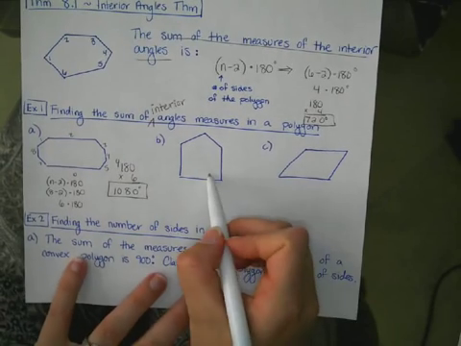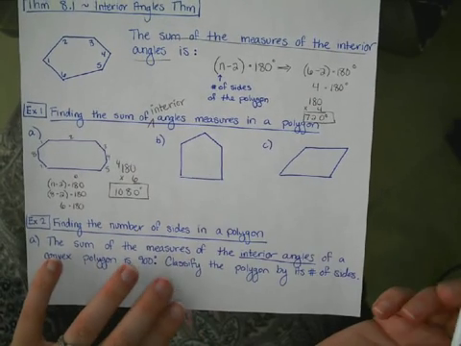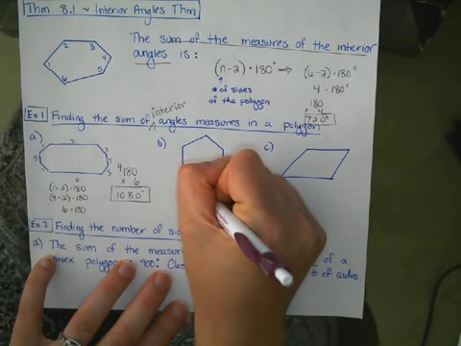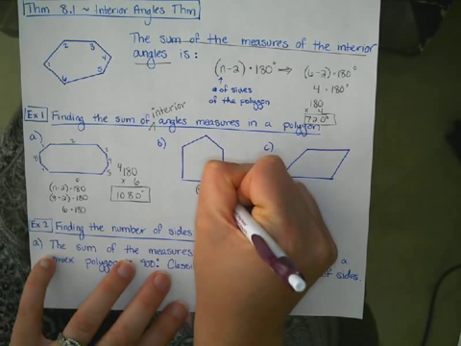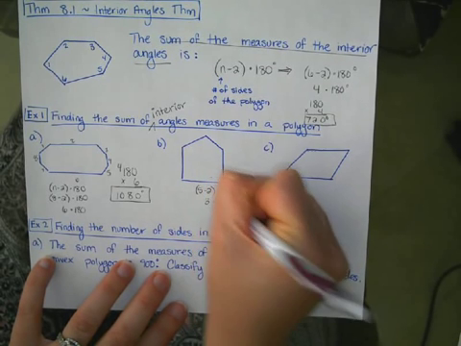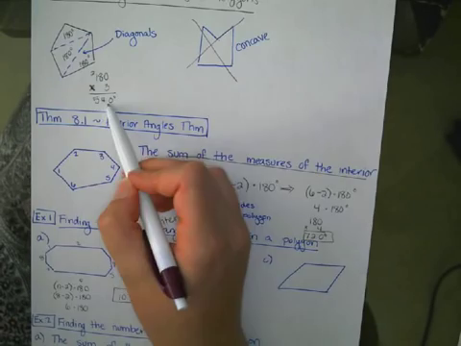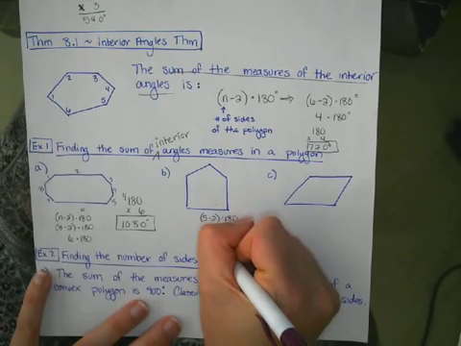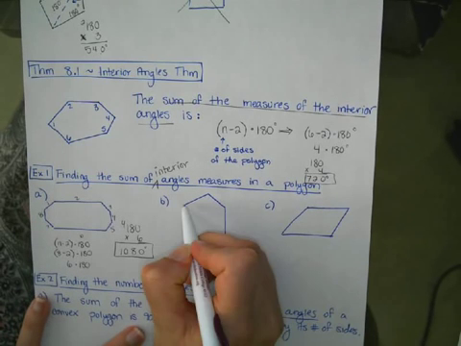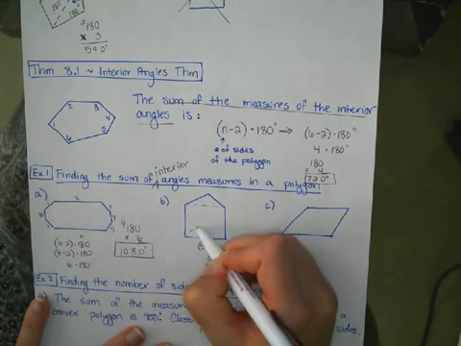What you should have gotten was 5 minus 2 times 180. So 3 times 180, and 3 times 180, I know from up here, is 540 degrees. This is where I could have drawn the diagonals, and they always go to the same point, the same convex point.